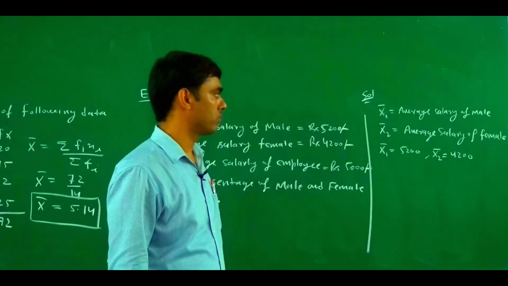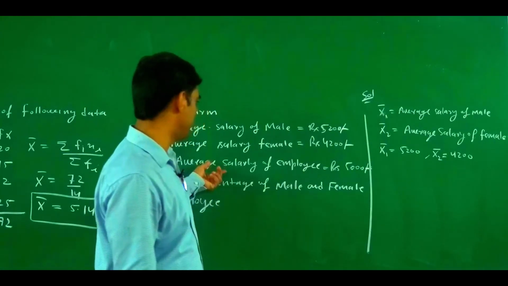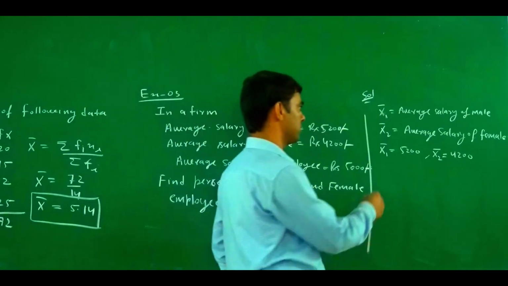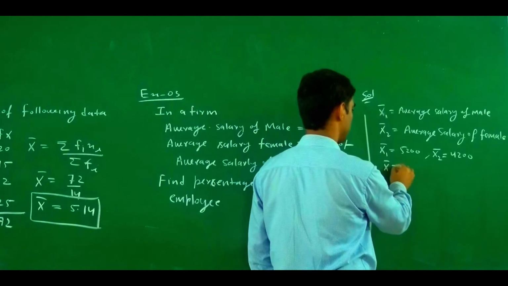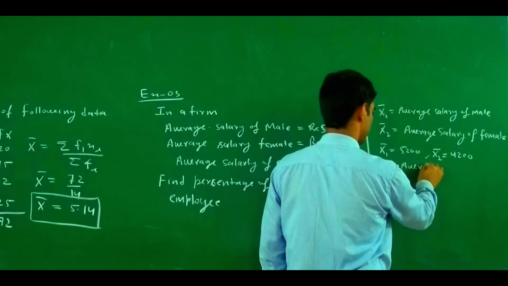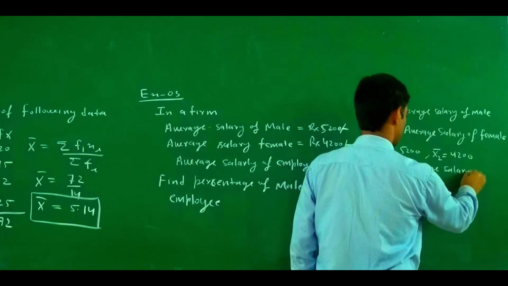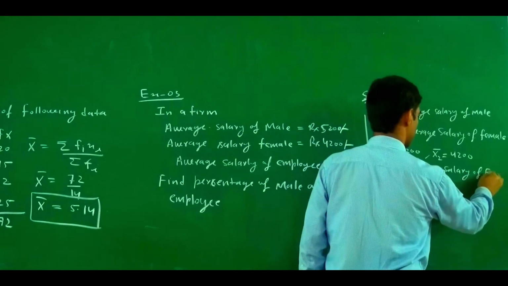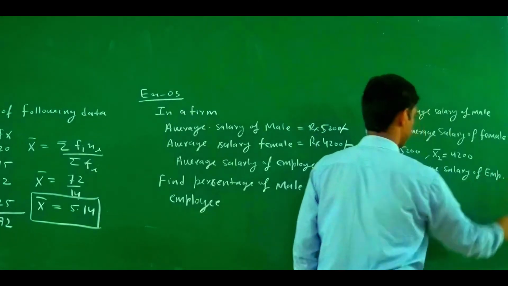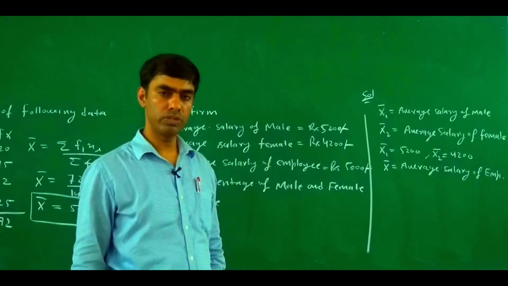And we know the average salary of an employee. Suppose this is denoted by x bar. X bar equals the average salary of an employee. So we know the composite mean.